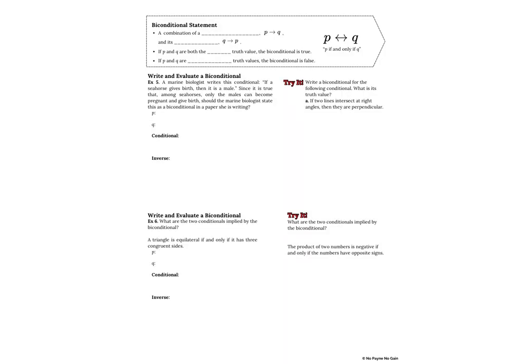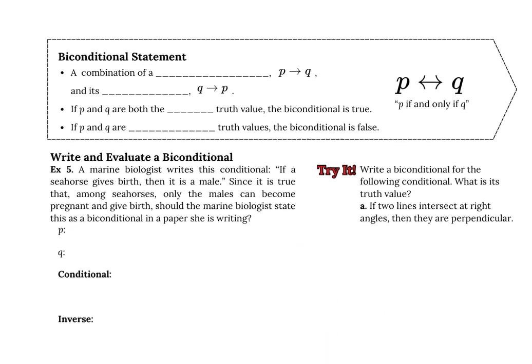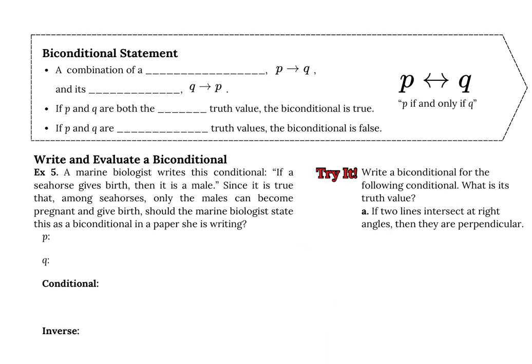All right, next we're going to look at biconditional statements. Okay, so a biconditional statement is a combination of a conditional, which is the P Q, so hypothesis, then conclusion, and a combination of the converse. Okay.